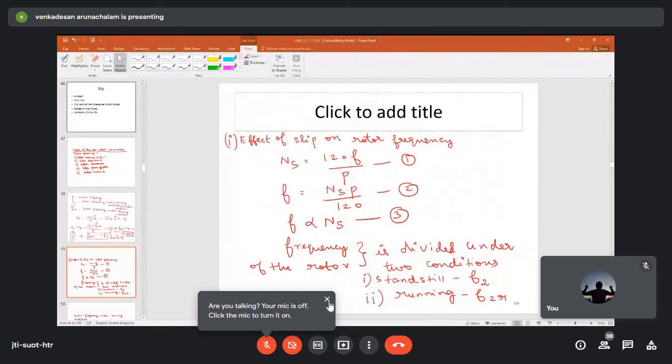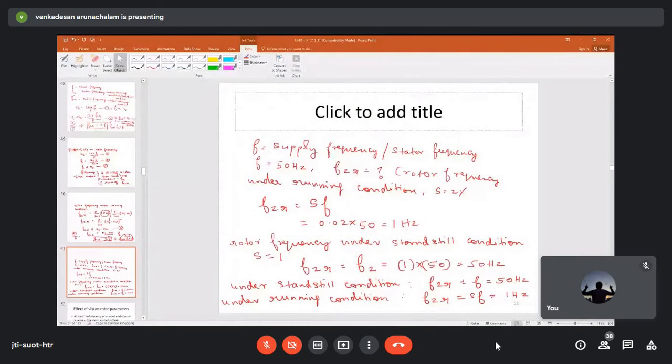So now you take this example. You take the stator frequency as 50 Hz, right? And under running condition, you assume the slip is 2%. So what is the rotor running frequency? What is the value I have written here? 1 Hz, right?